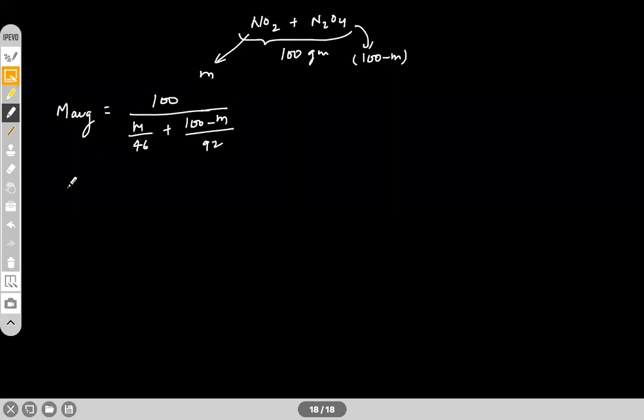So this side is 69, equal to 100 divided by M by 46 plus 100 minus M by 92. We can solve this, you'll get the answer.